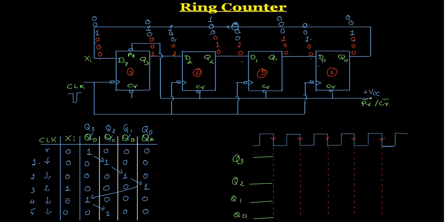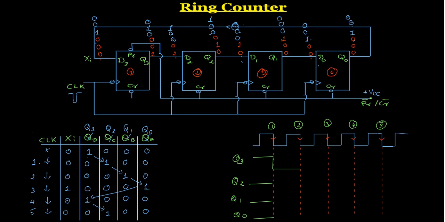Now after this, if we see Q3, it is going to be 0, 0, 0 and then 1, so here it is a high level. Remember that this one is the first negative edge, this one is the second, and here we have the third, fourth and fifth. If you write this, it is very easy to correlate with the truth table.